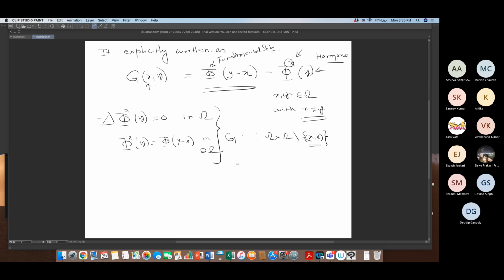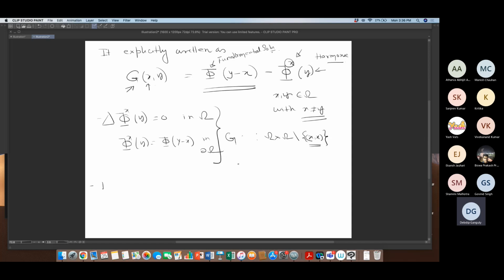So you can explicitly find what the Green function G is. Is that clear? Yes, sir. Okay, so this is the definition of a Green function.